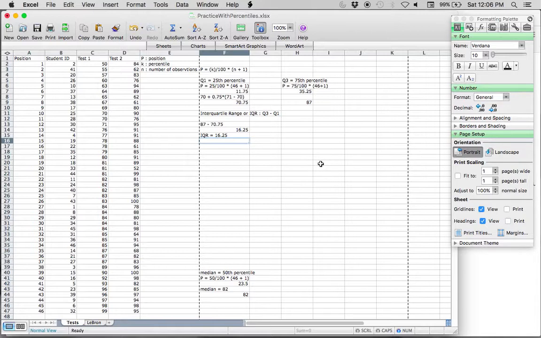So what else can we do with the IQR? We can also find if there are any outliers. So we're going to define an outlier, and you probably already know this. An outlier is more than 1.5 IQRs from Q1 or Q3.